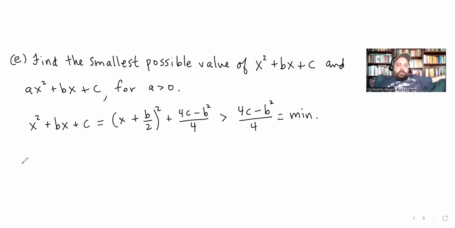Right, and similar type of thing for ax squared plus bx plus c. So I'll complete the square on this again, just in case people have forgotten how to do it. This is factor out an a to start with.